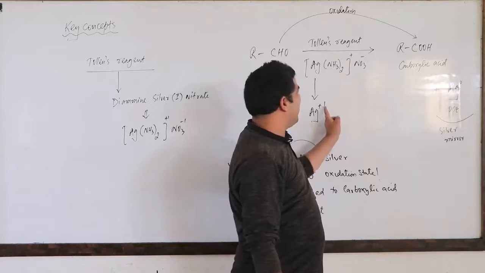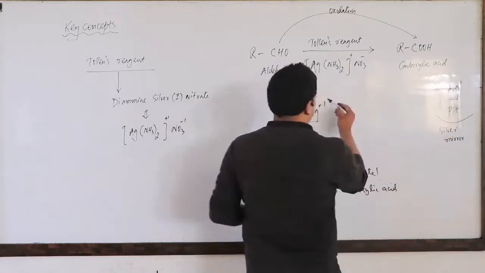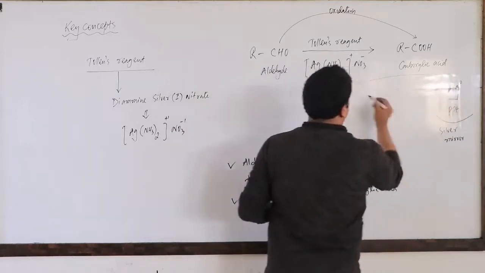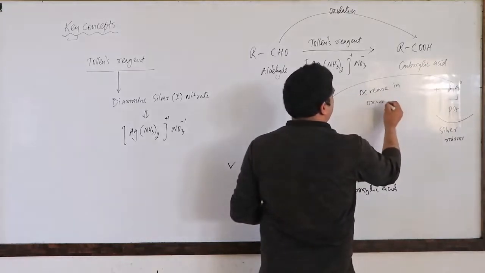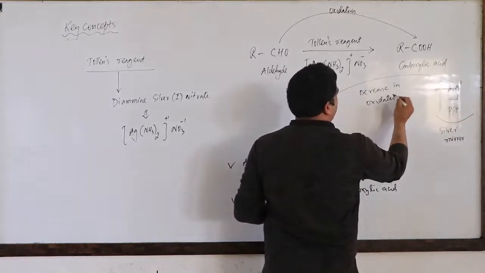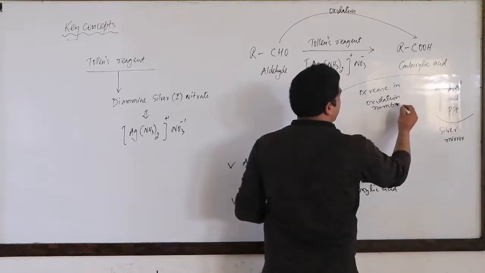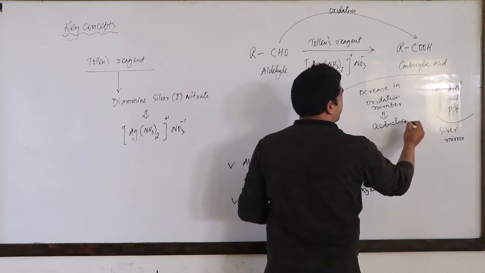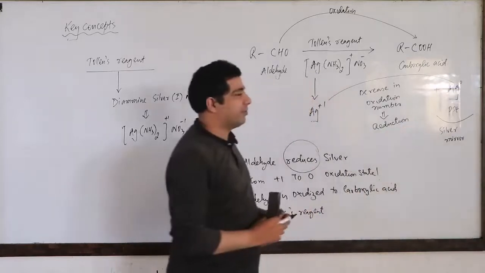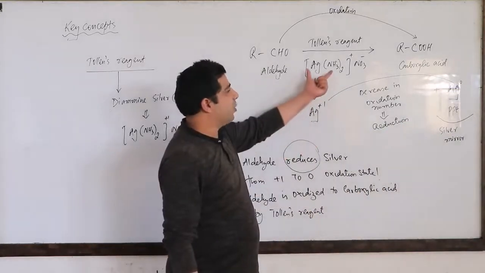So that is decrease in oxidation number, and decrease in oxidation number is reduction. So your Tollens reagent has undergone reduction, because silver belongs to Tollens reagent.